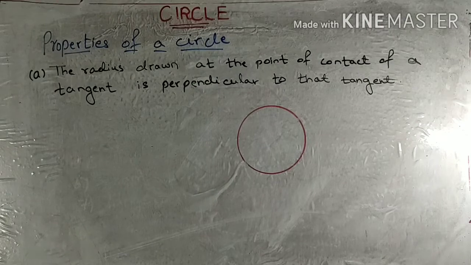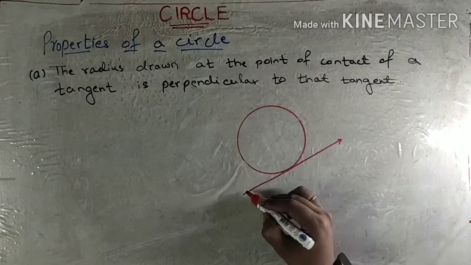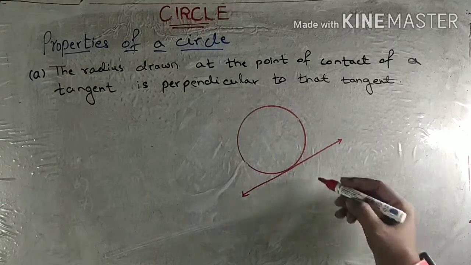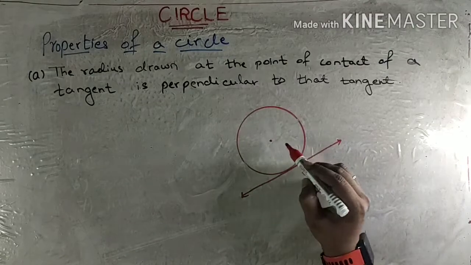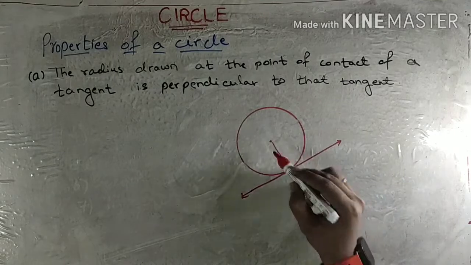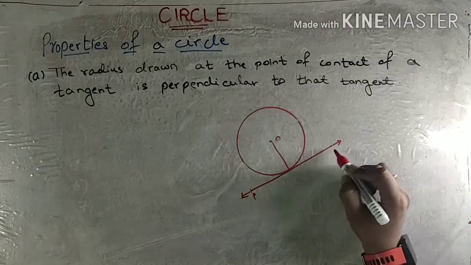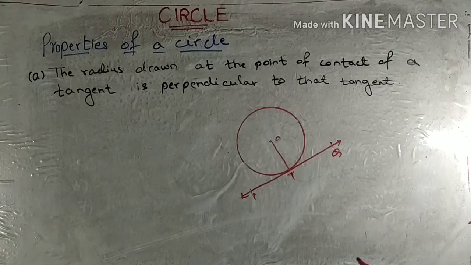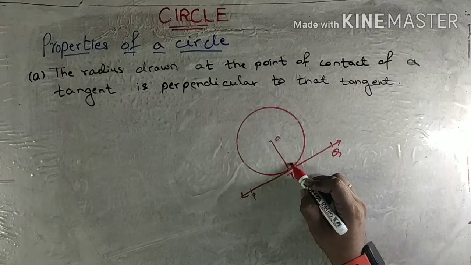It states that if I draw a tangent to the circle and if I draw a radius, obviously from the center to the point of contact, and I connect this point of contact of the tangent and the radius, labeling it as O always as the center, tangent PQ and point of contact T, then this property states that the radius is perpendicular to the tangent.